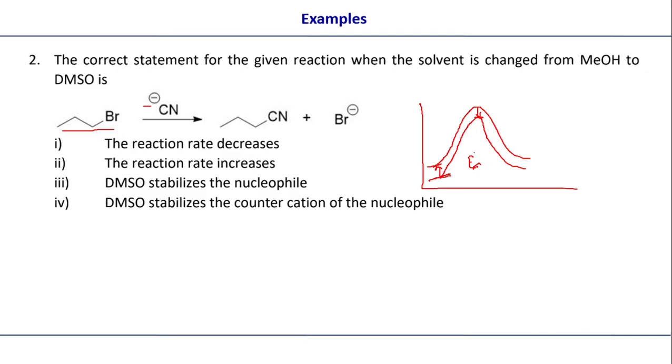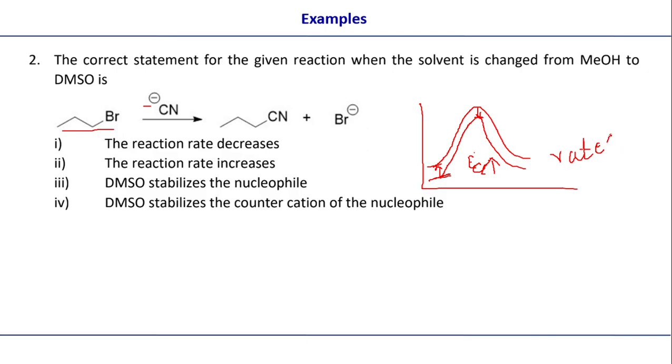The reaction rate will be low with increase in polarity. We are talking about increase in polarity. Now here you can see the solvent is changing from methanol to DMSO, meaning polar to non-polar.